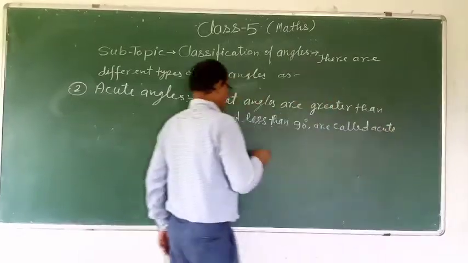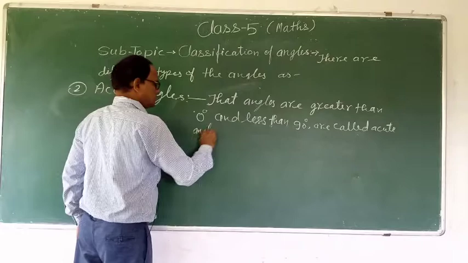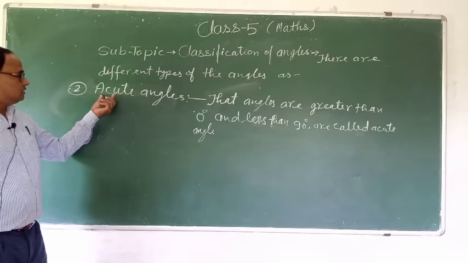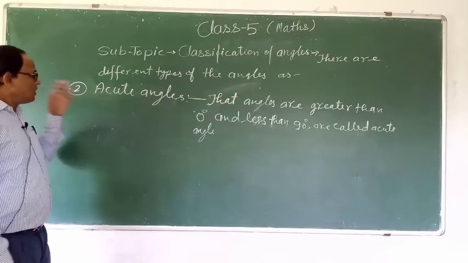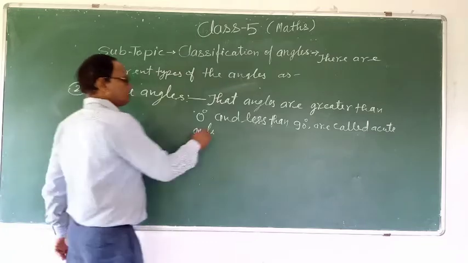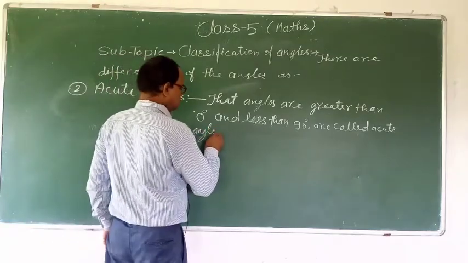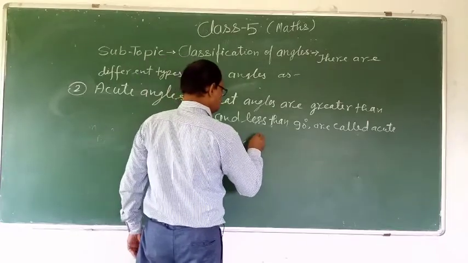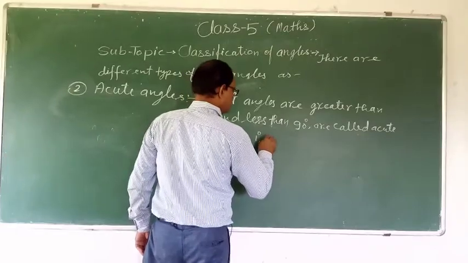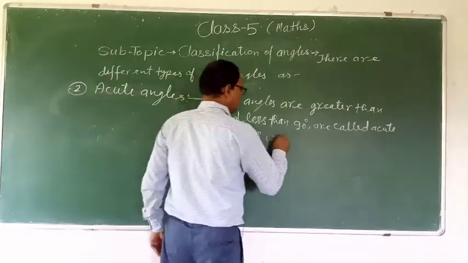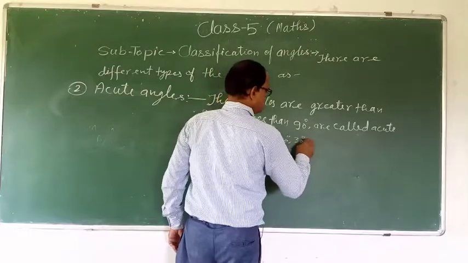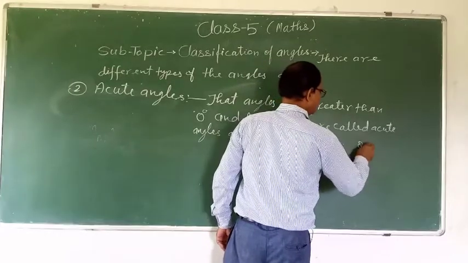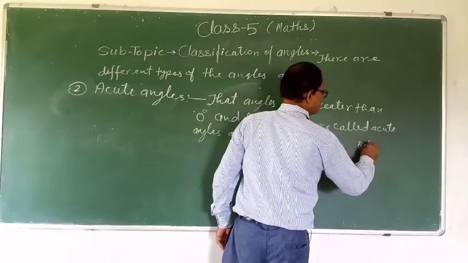Acute means small or teeny. Acute angles are such as 1 degree, 10 degree, 20 degree, 30 degree, 60 degree, up to 89 degree.